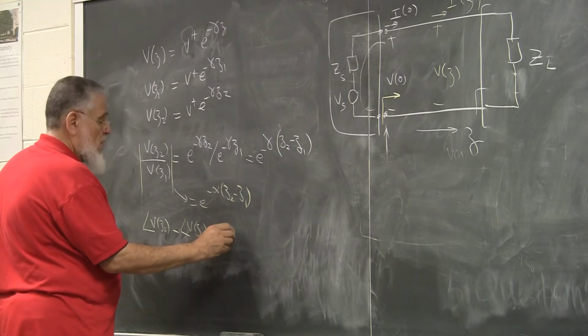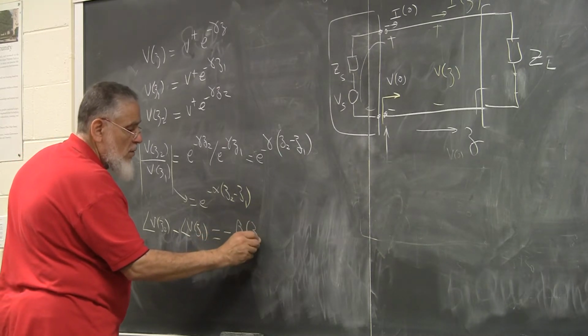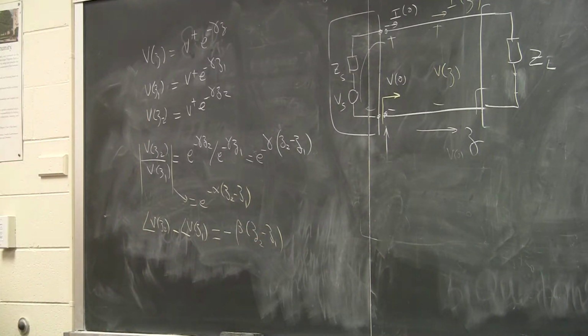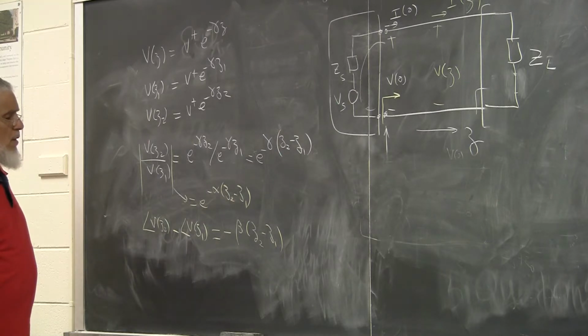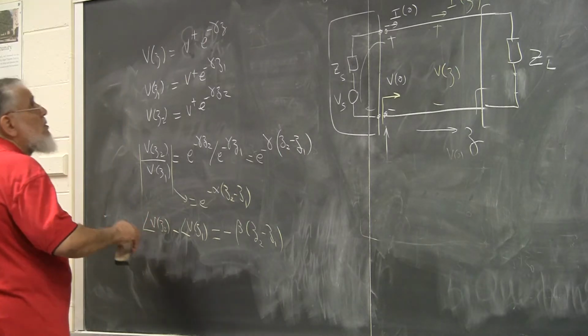Minus beta (Z2 minus Z1), right? So all these things are useful to keep in mind, that we can play these games and get the voltage here and there, magnitude and phase. So these are side issues.